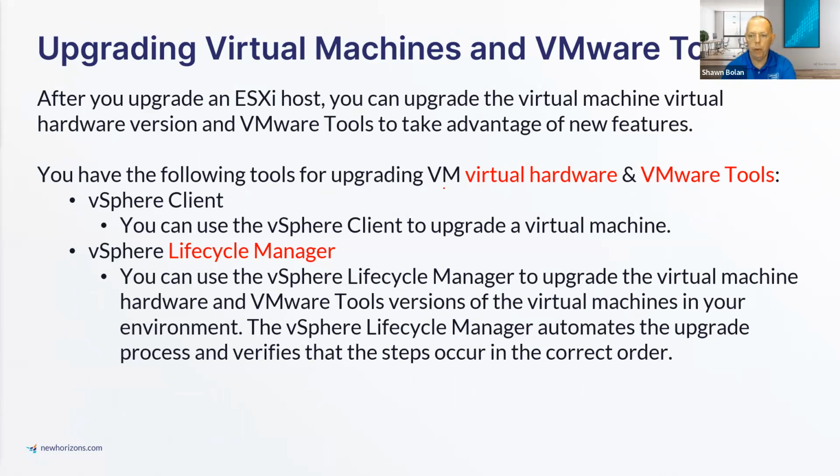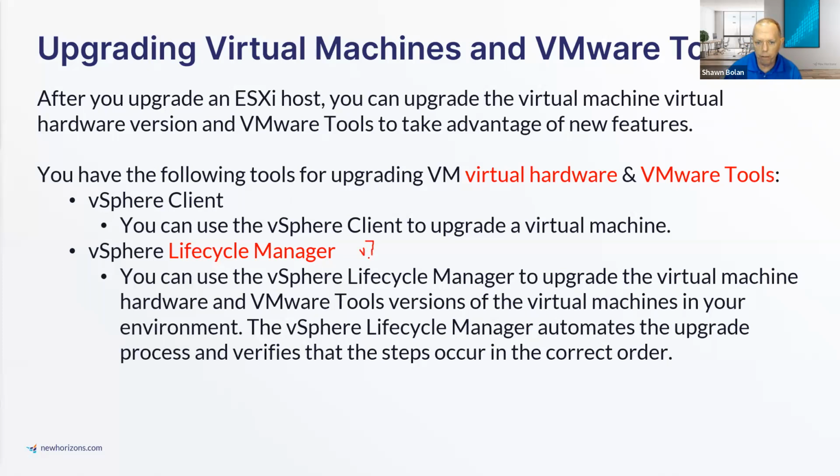So the last thing we would be looking at doing is upgrading VMware tools and virtual machine hardware. Again, the more critical of those would be VMware tools. For that, the best way to upgrade those is to use Lifecycle Manager. Lifecycle Manager was introduced in vSphere 7.